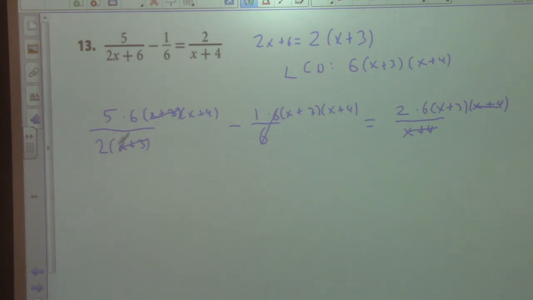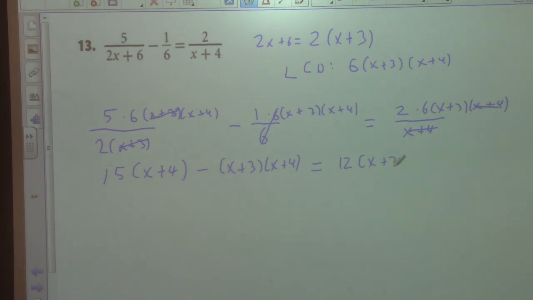So right here, we have 30 divided by 2, which is 15, x plus 4. And then we have minus x plus 3, x plus 4. And on the right side, we have 12, x plus 3.